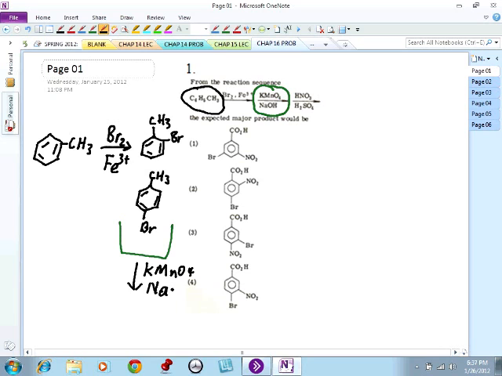Sometimes it is used in the presence of acid. So what do you expect as the product? Carboxylic acid. The methyl group will be oxidized to a carboxyl group, right? So we have two products.